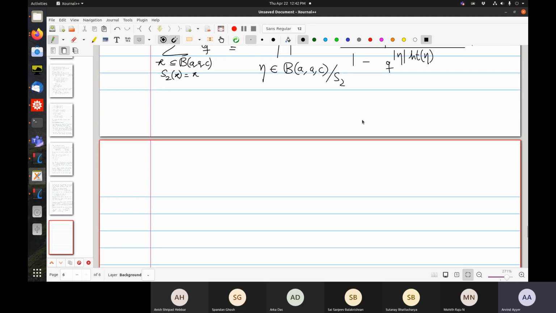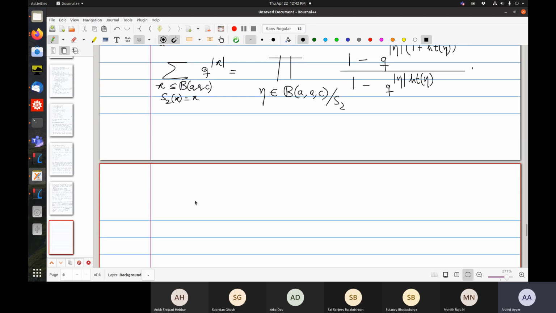Okay. So I should also say, before I go to more history, that this generalizes the box formula.